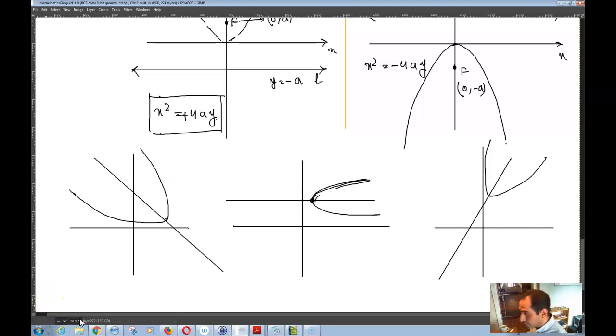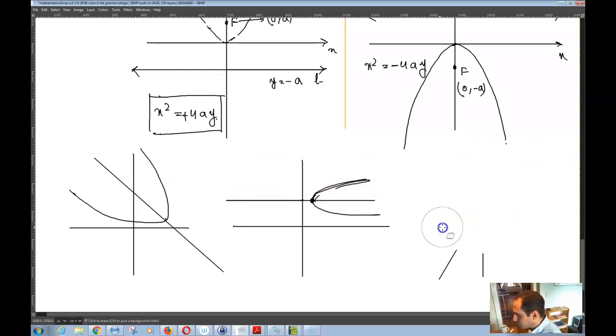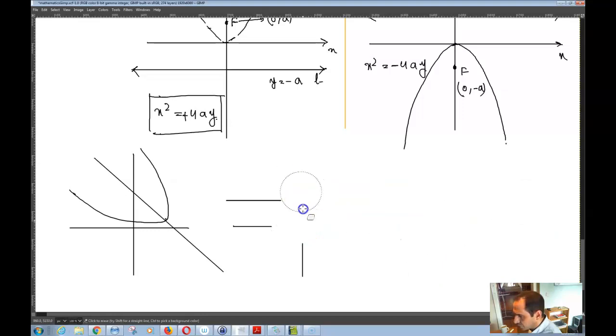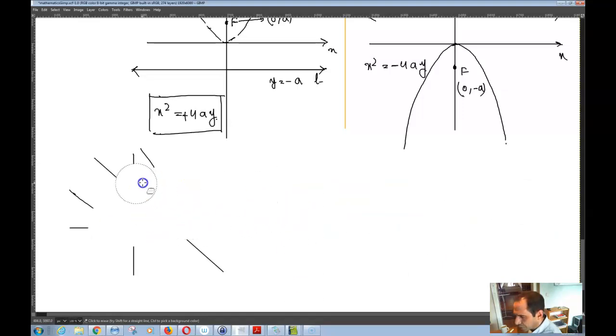Since we are not talking about these cases, we can very simply restrict our discussion to basic parabolas.